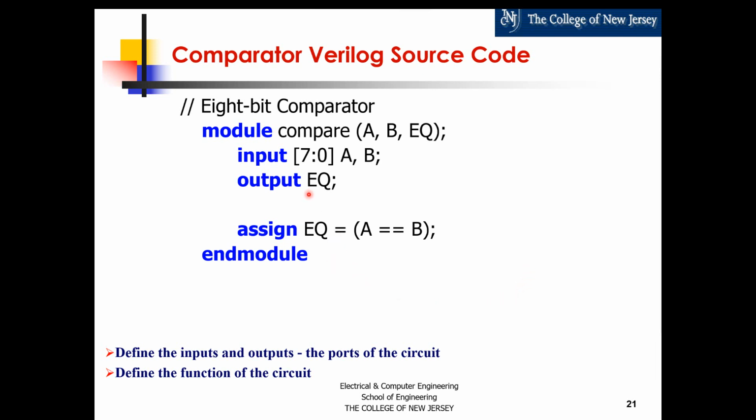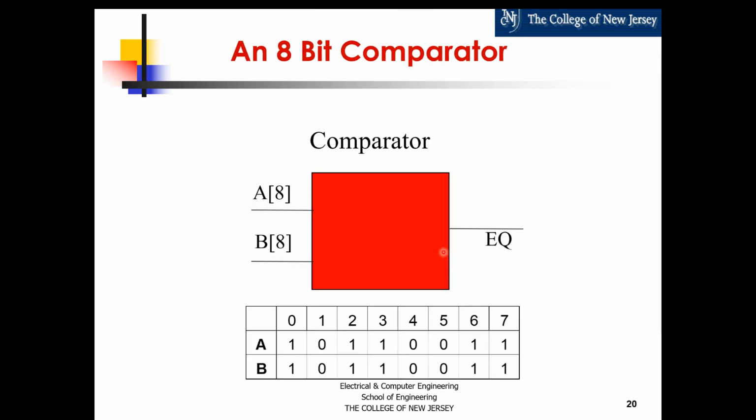So to make the bit-by-bit comparison, for each of these comparisons, bitwise, you would use an exclusive NOR gate, because it will give you a 1 when they are the same and a 0 when they're different. That's what the exclusive NOR gate does.